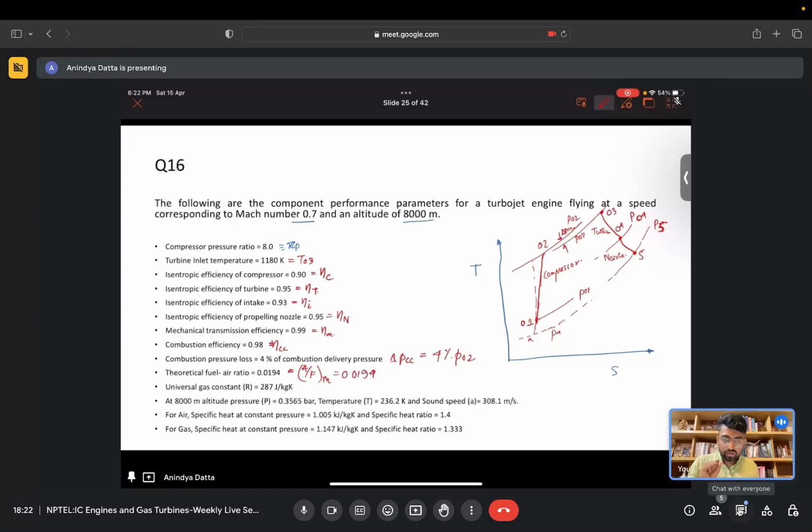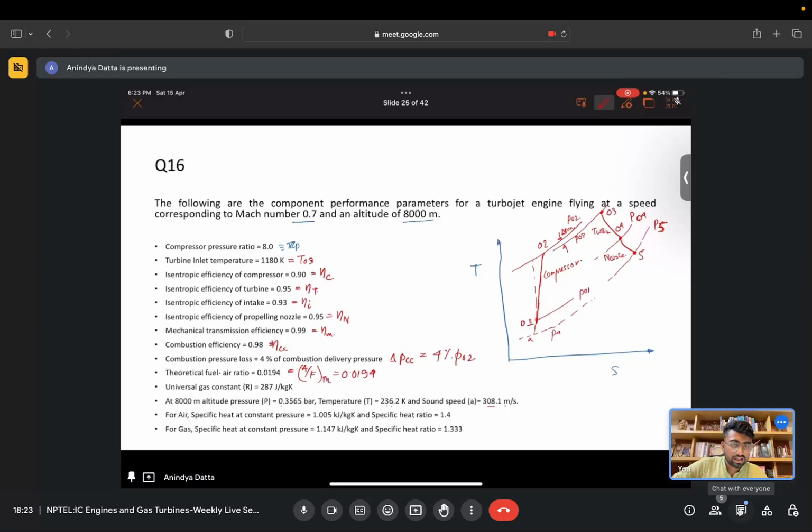Then we have the universal gas constant given. It is given that the flight is flying at an altitude of 8000 meters, so the ambient pressure, temperature and speed of sound are given, and we have also been given the specific heat and specific heat ratio values for air and gas.